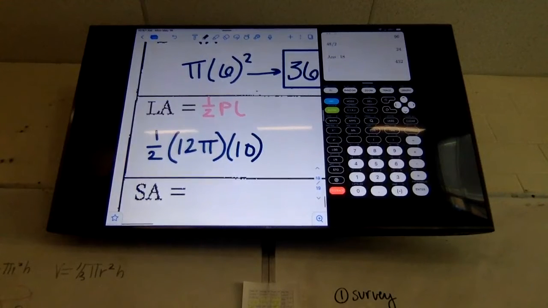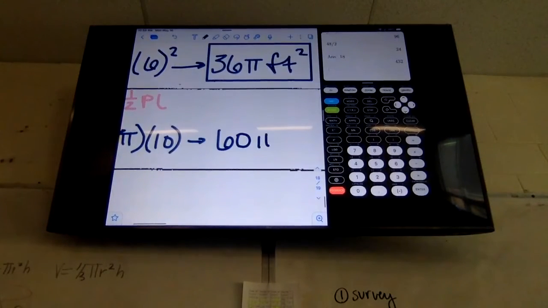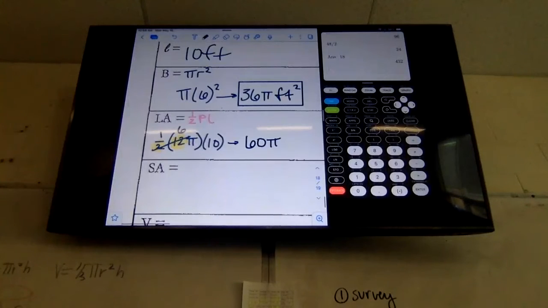Good. Now, even though there's a pi in there, you can multiply all the numbers as you see them. 1/2 of 12 is going to be 6, and then 6 times 10 is going to be 60. So that's 60 pi. The pi just gets tagged along, but you can multiply 1/2 times 12 times 10 in whatever order you want to.